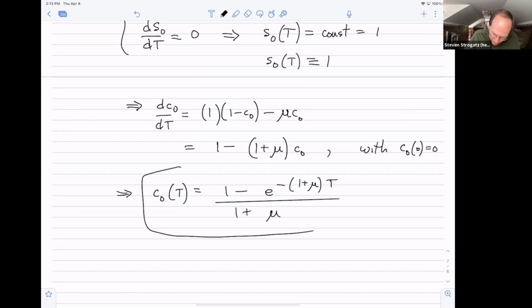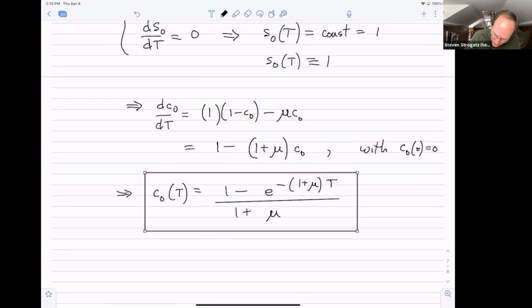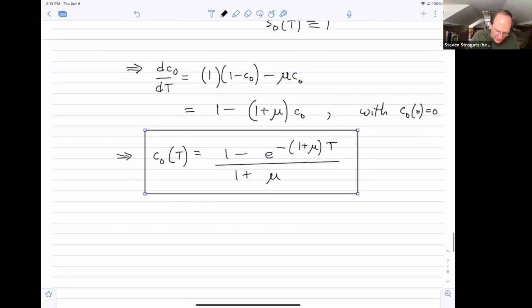It's actually not worth much. I mean, yes, we get this exponential decay of C towards a constant. It tells us that C0, as T goes to infinity, so as we go out of the layer, will equal 1 over 1 plus mu. We would need that for matching onto the outer solution.